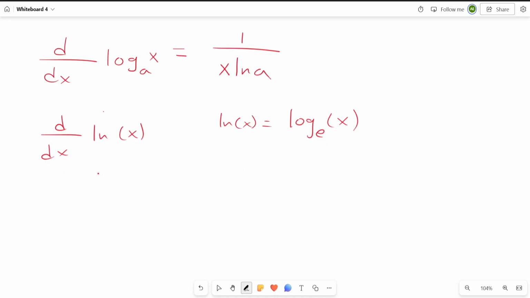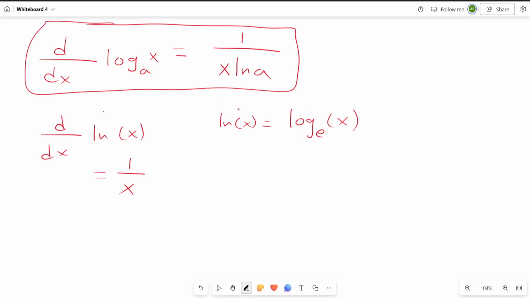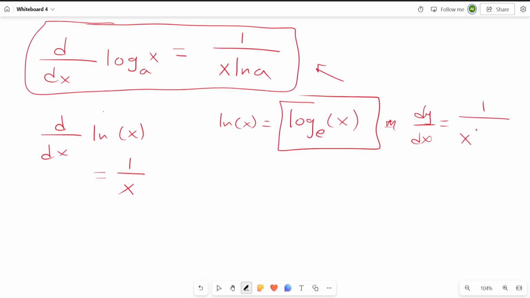So we know that the differentiation of ln of x is 1 over x, and by applying this rule, we should also reach 1 over x. Differentiating using this rule, dy by dx is going to be 1 over x times ln of a, and a here is e, and I know that ln of e is basically 1, so it's going to equal 1 over x. So this is basically how we got these.